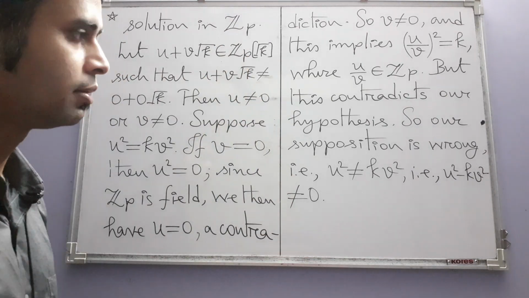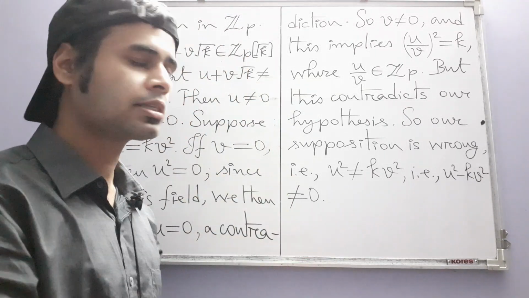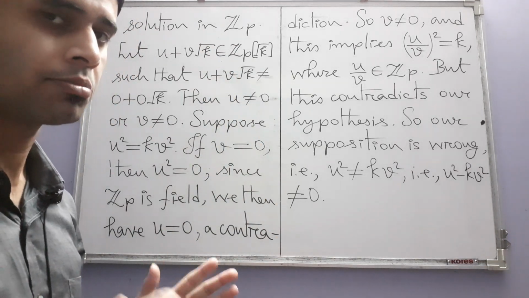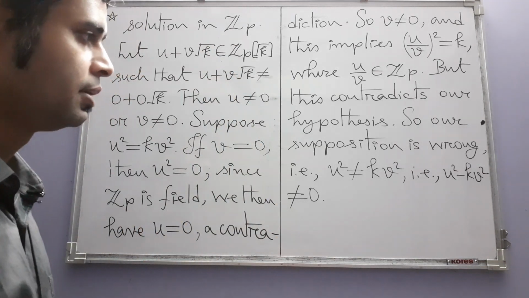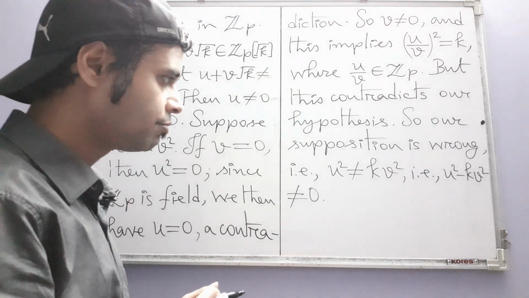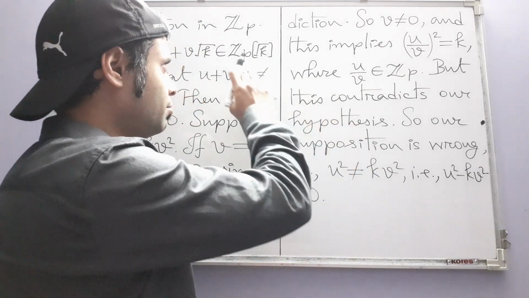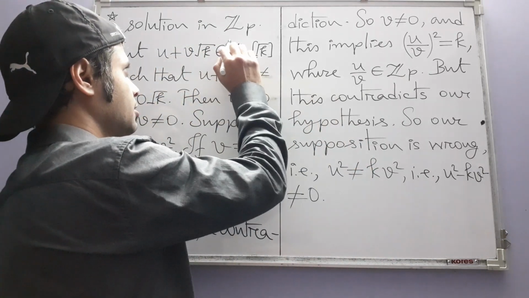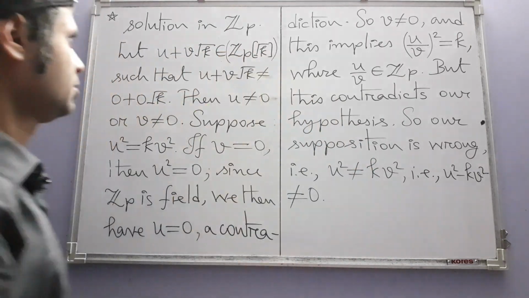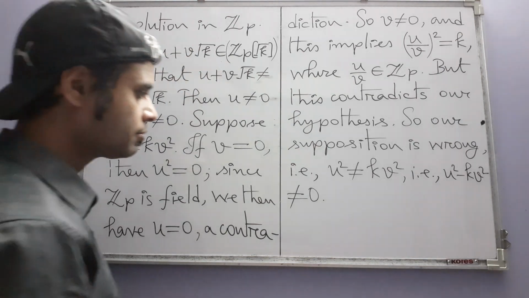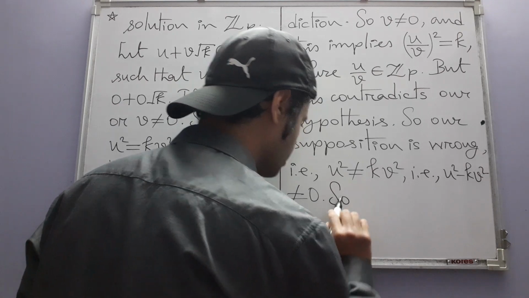ZP is a field, so its inverse actually exists in ZP under the multiplication operation that we have in ZP. And due to that fact, now we will be able to write a symbol from our set that will be the multiplicative inverse of this, and that symbol is this.